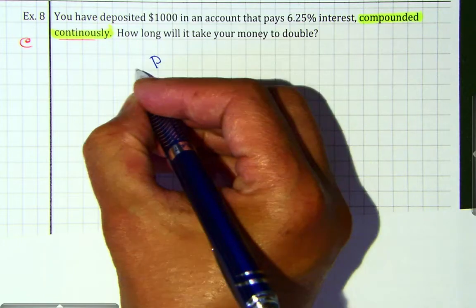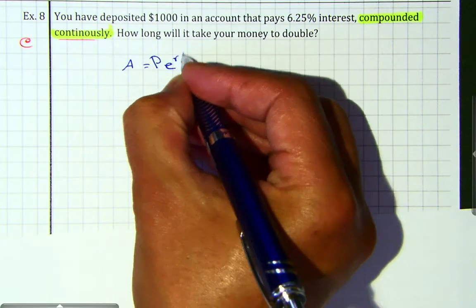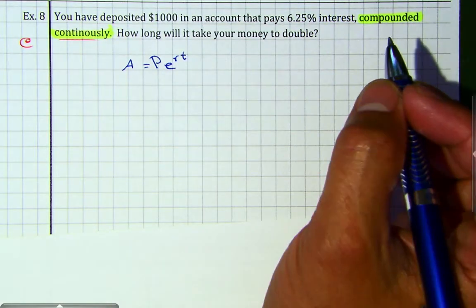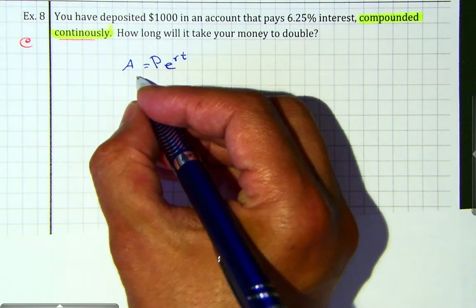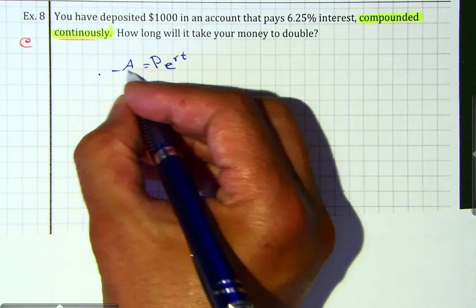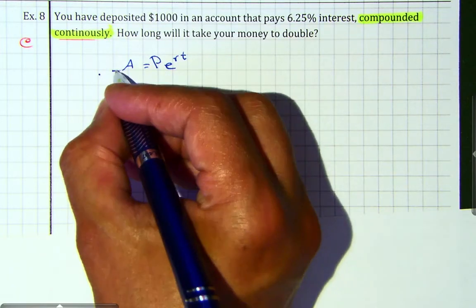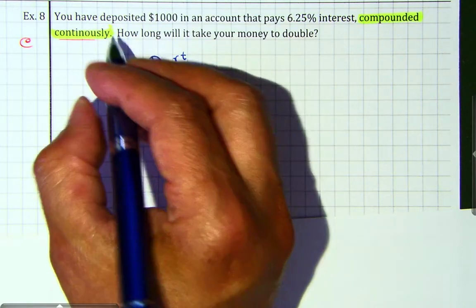A equals P e to the rt, where P is your initial amount and A is your current amount. So you deposit $1,000.